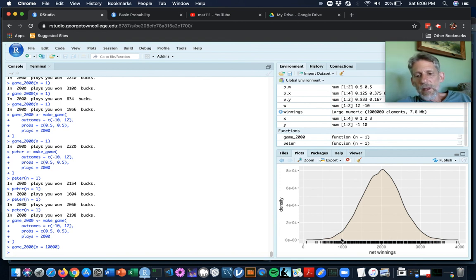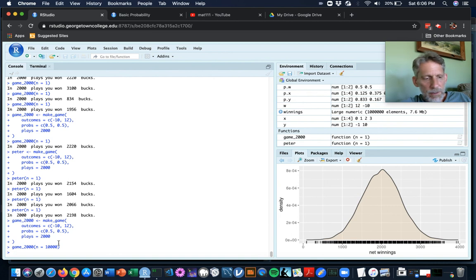And sometimes they got less than 1,000 bucks, but not very often. Nobody ever lost money playing this game 2,000 times. Looks like for me, the lowest value was maybe somewhere around $100, that low tick mark there. That's the lowest net winnings that ever happened for me.